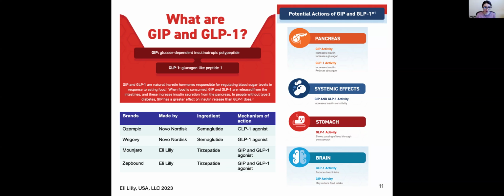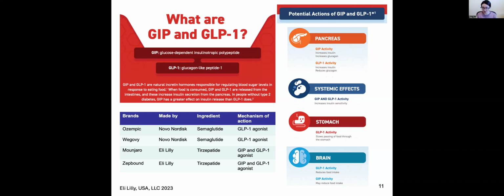On the bottom left-hand side is a table that I made for you guys, summarizing the 4 different drugs by 2 different companies, and the mechanisms of action are listed. So on the right, let's take a look. GIP and GLP-1 both increase insulin secretion, and they also have systemic effects on insulin sensitivity, meaning that they improve insulin sensitivity.